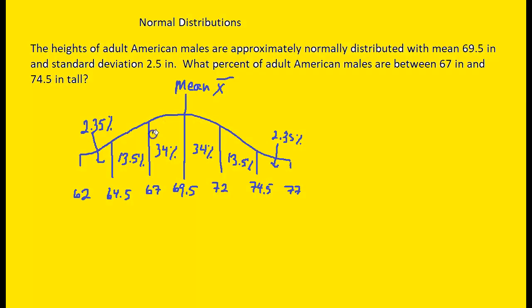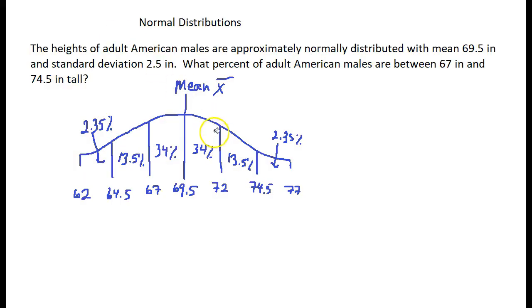All right, 67 to 74.5. So in other words, I'm just going to use my pencil. 67 to 74.5, all of this in here. We're asking what percent, so we just need to add our percentages.